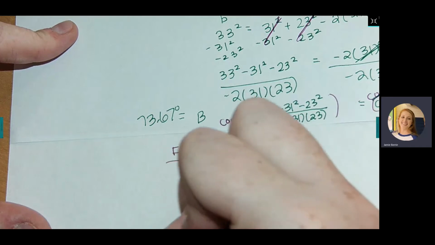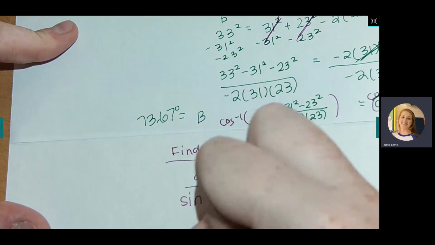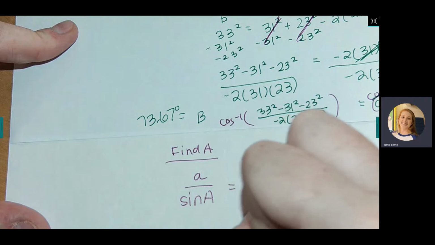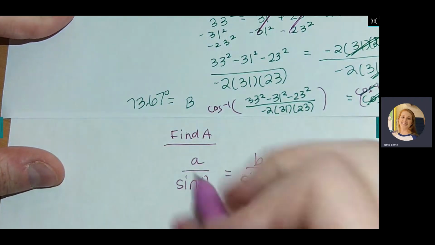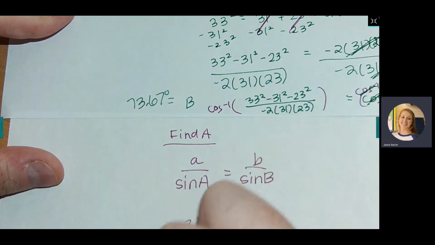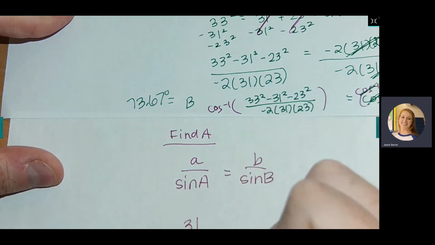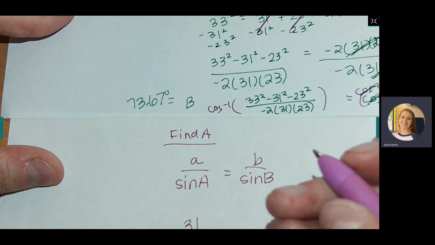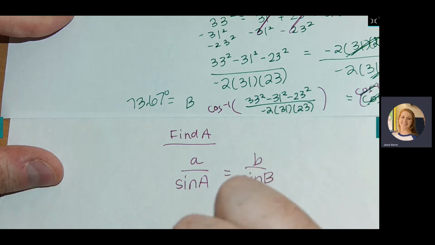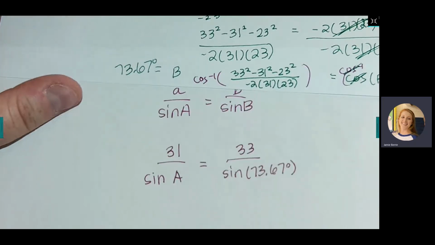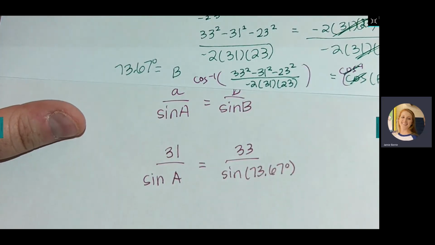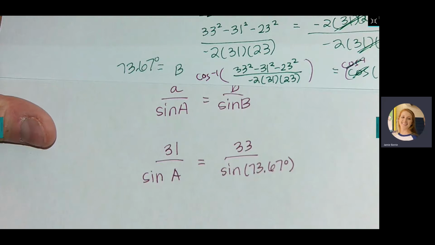So little a over sine of big A equals little b over sine of big B, because that's the one we know the matching side and angle of. And then from here, this is exactly what we did on number 1, part B. So that's sine of A, 33 over sine of 73.67. Cross multiply, and then take the inverse sine.